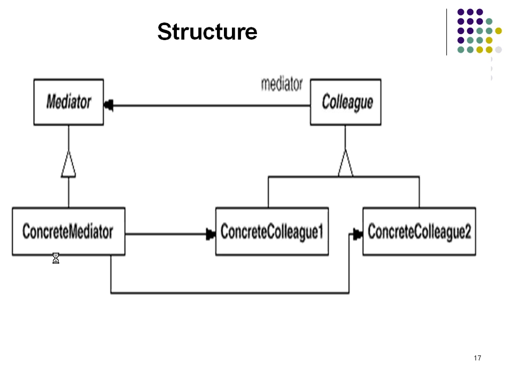So I have a colleague, and this colleague has two classes derived from it, which are concrete colleague 1 and concrete colleague 2. So now, if I go back and look at this hierarchy, how does it map to the first example? Which objects map to concrete colleague 1 and concrete colleague 2?